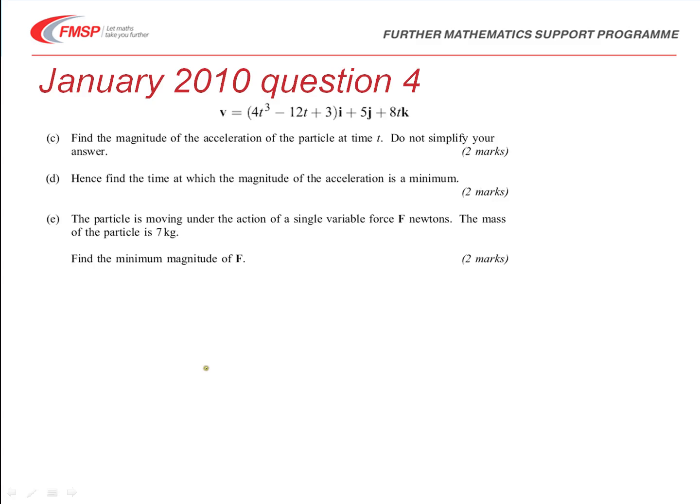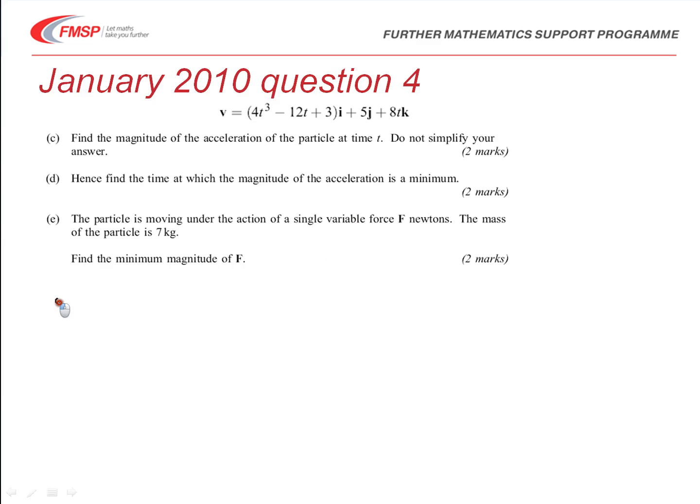Moving on to part C, it then says find the magnitude of the acceleration at time t. Do not simplify your answer. So to get the magnitude of a vector, you take the square root of the squares of the components.